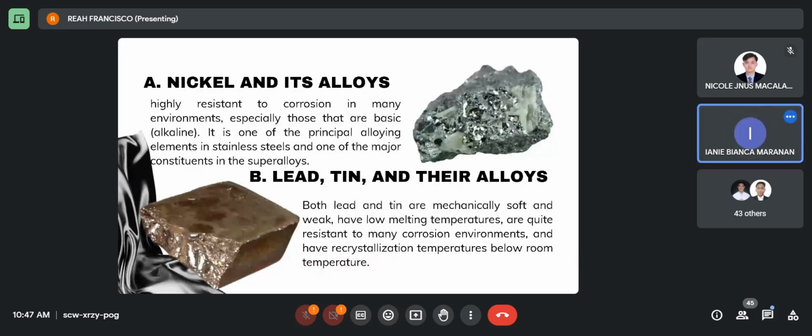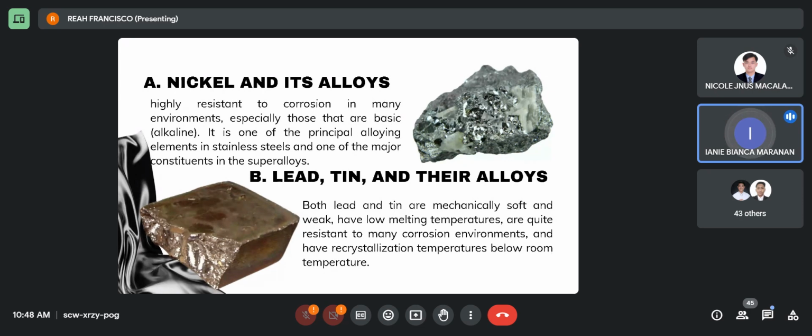First, we have nickel alloys. Nickel alloys are alloys of nickel with other elements such as chromium, copper, iron, titanium, and molybdenum. They are highly resistant to corrosion in many environments, especially those that are basic or alkaline. Nickel is often coated or plated on some metals that are susceptible to corrosion as a protective measure.